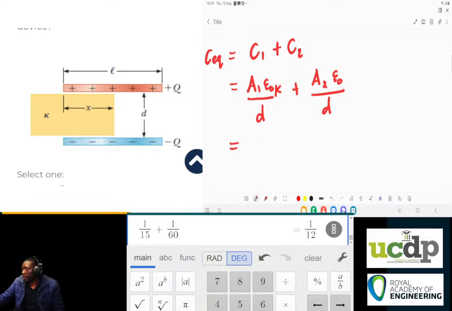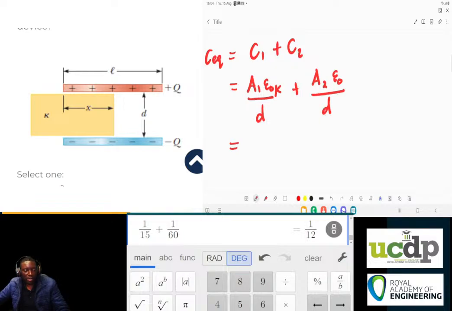Oh, length L is the length of the plates. It's both length and width, because we are told that this is like a square plate.